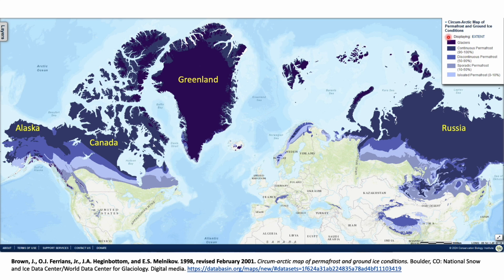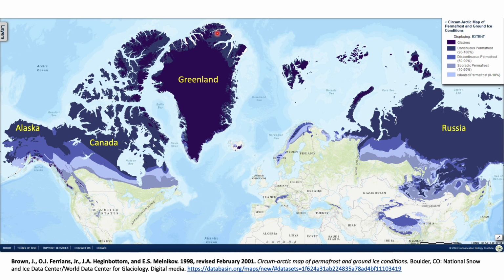This image is a circum-Arctic map of permafrost and ground ice conditions. The amount or extent is given in different colors. We can see this dark purple color is basically glaciers, and other areas like the slightly grayish areas have around 90 to 100% of permafrost.